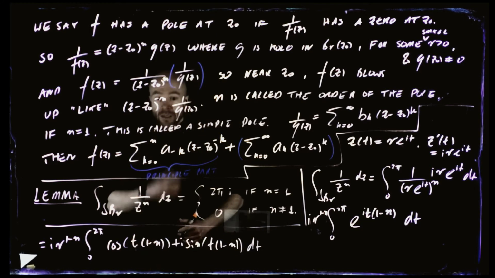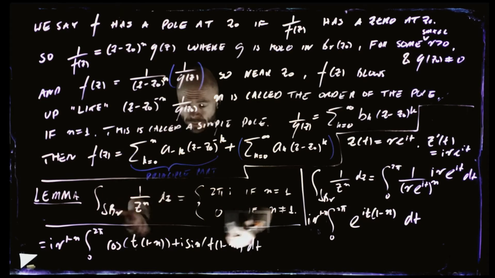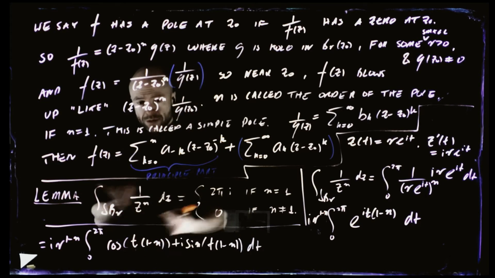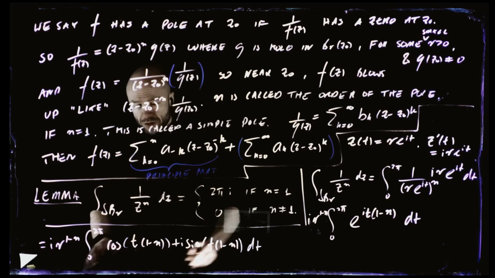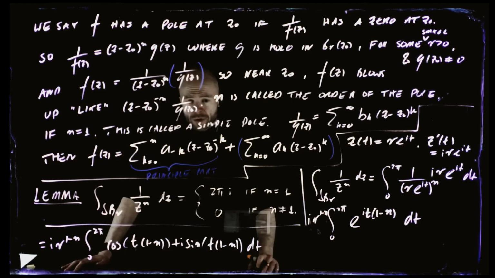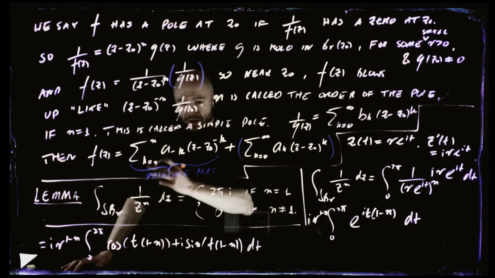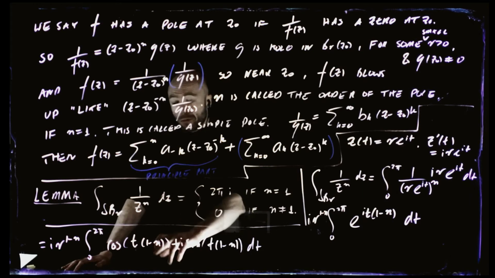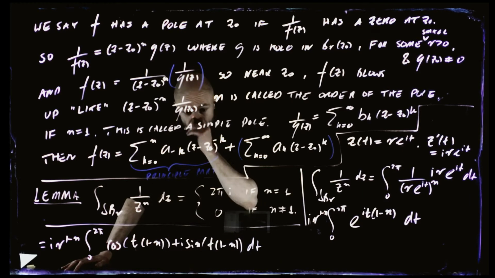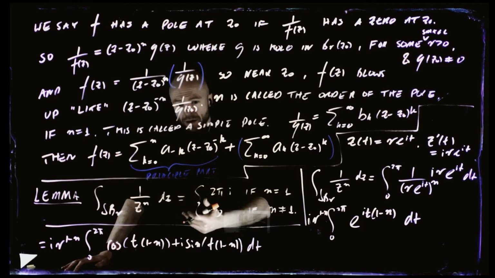If n is not equal to 1, then this thing is just some function which is periodic from 0 to 2 pi. If n is any number except 1, then this is a nice periodic function from 0 to 2 pi, and when we integrate it from 0 to 2 pi, since the antiderivative is periodic, it just is 0.